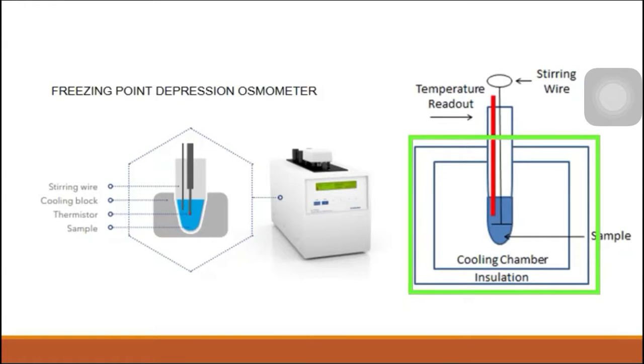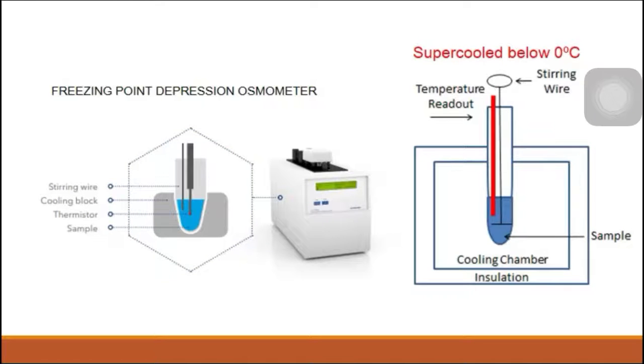During this process, the solution is supercooled below 0 degrees Celsius while still being liquid. At a certain temperature, the freezing process is initiated by a rotation of the stirring wire.